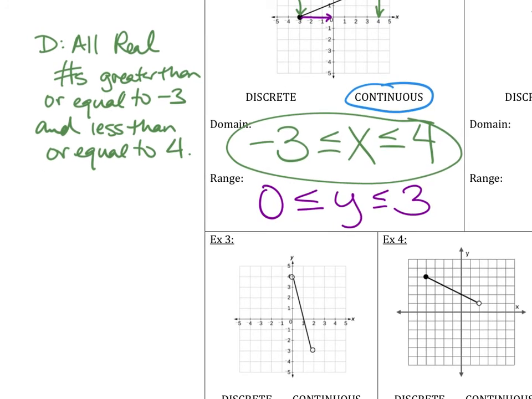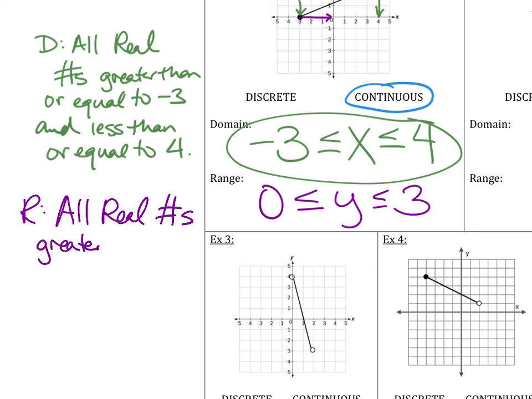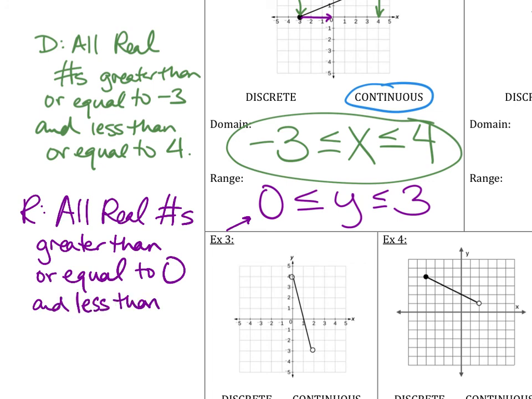Let's do again the verbal description for this range because we're going to need to be able to write it. It always starts with the all real numbers part. All real numbers greater than or equal to what number? 0, and less than or equal to what number? 3.